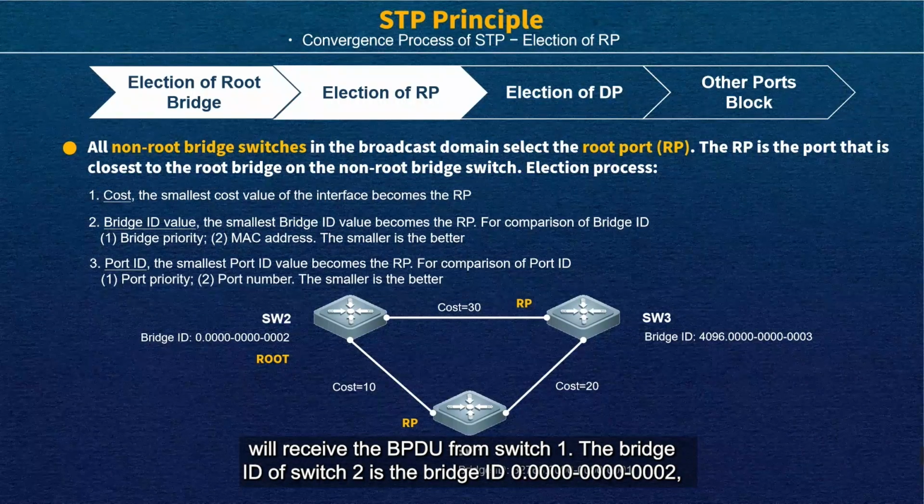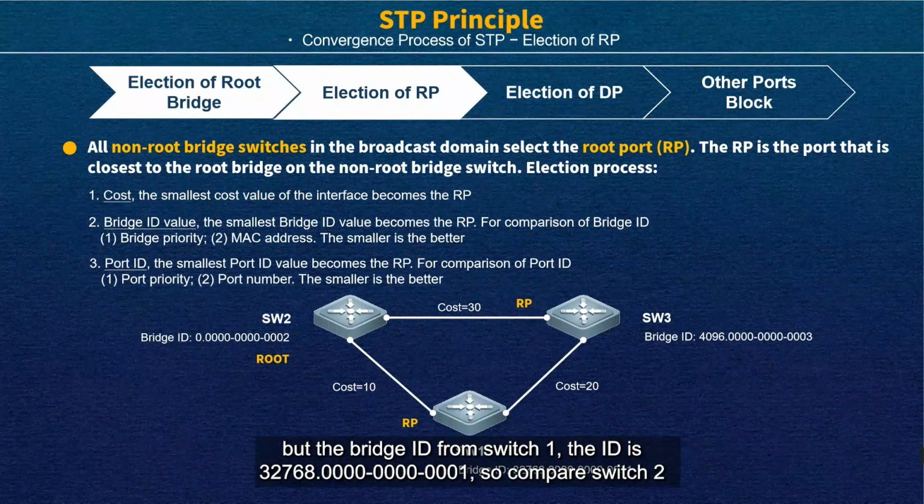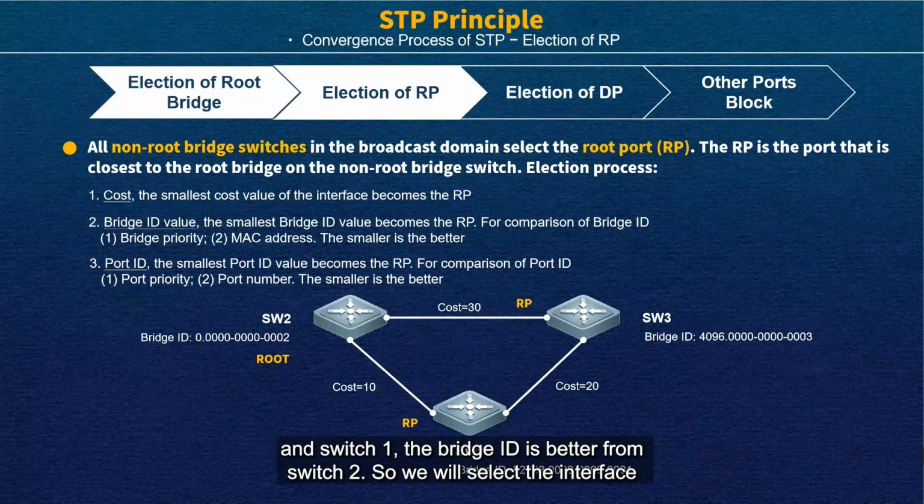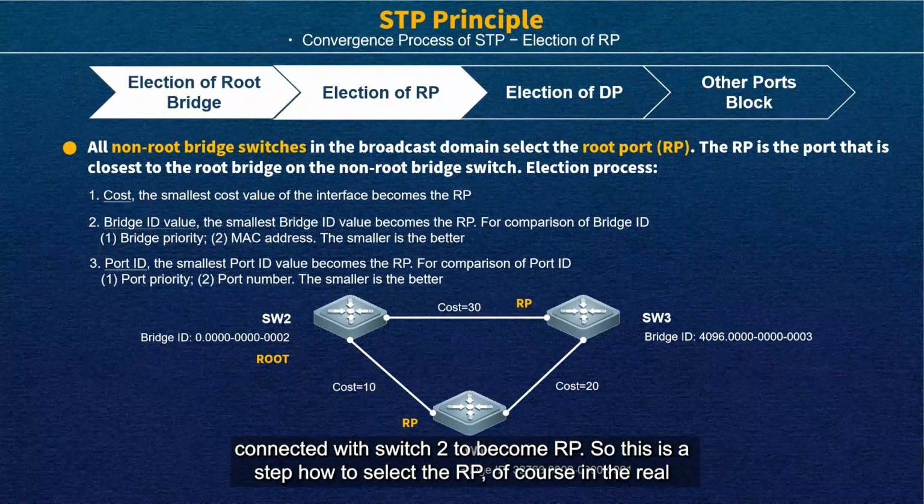The bridge ID of switch 2 is 00002. But the bridge ID from switch 1 is 32768. So comparing switch 2 and switch 1, the bridge ID is better from switch 2. So we will select the interface connected with switch 2 to become RP, right? So this is the step of how to select the RP.